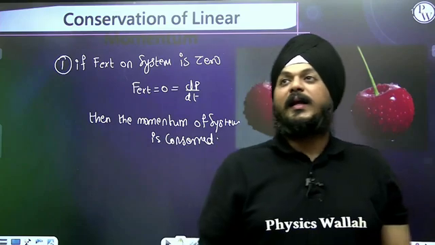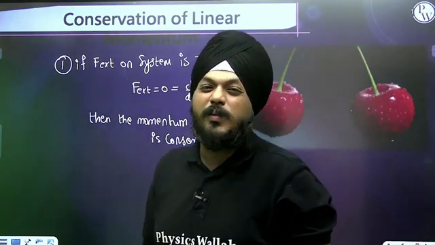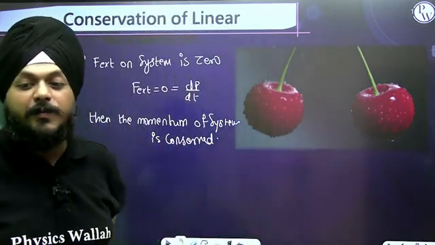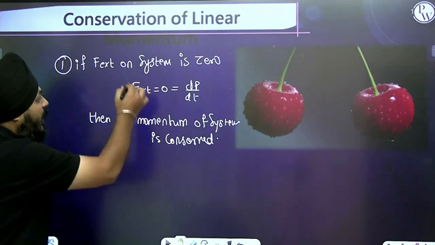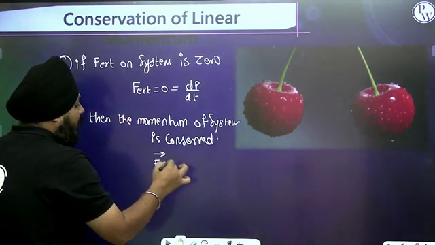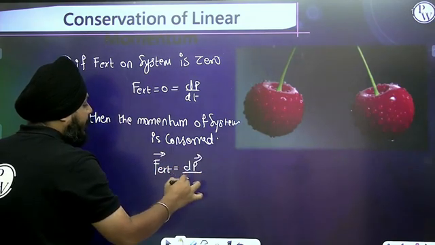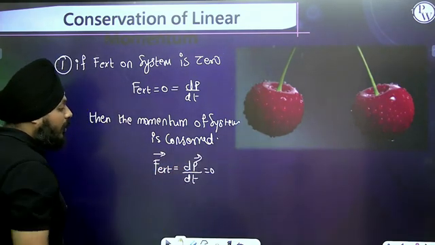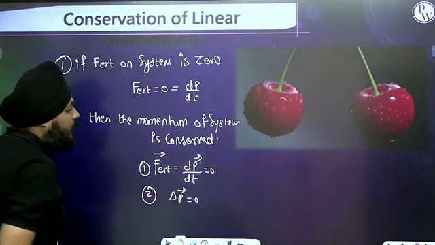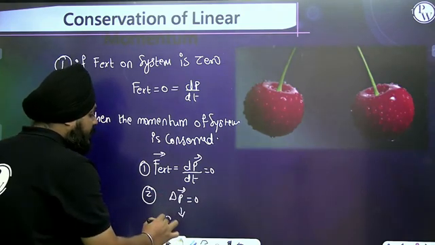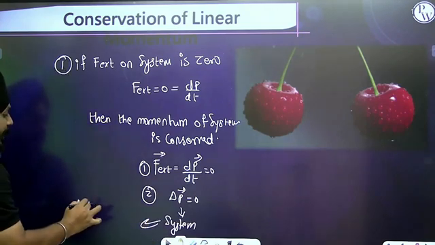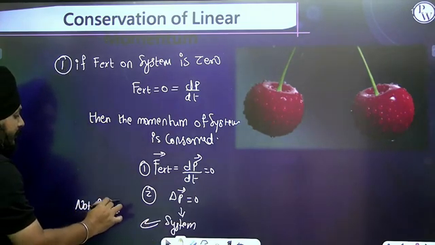A system can have two particles, and in most cases we are dealing with 2 or 3 particles. A system can have n particles. If I want to write Newton's second law in vector form, it is dp by dt equal to 0. So the momentum is conserved for the system, not for the individual particle.